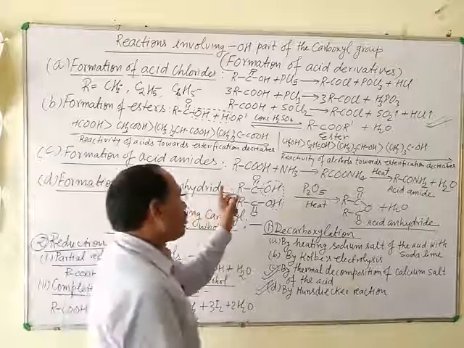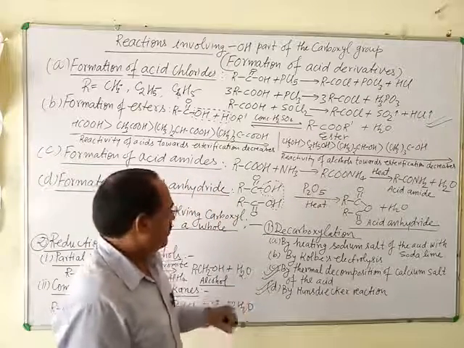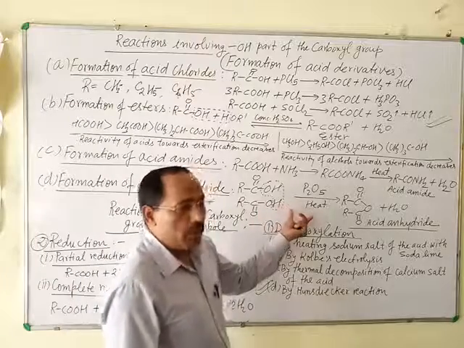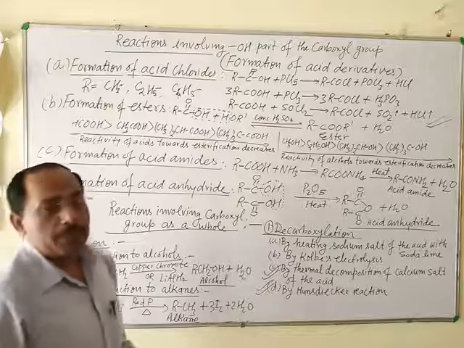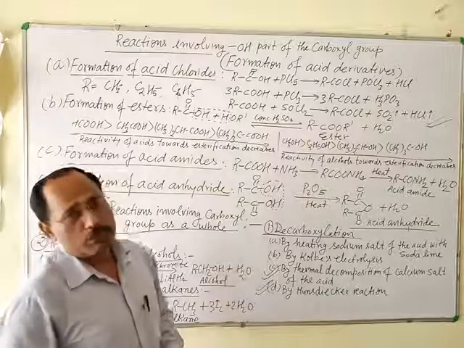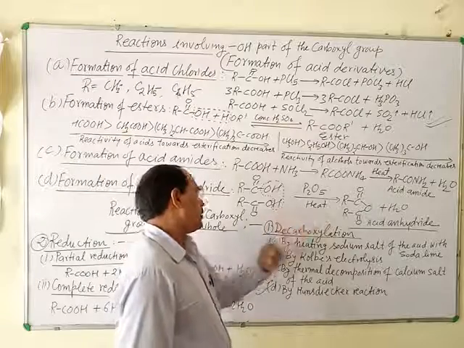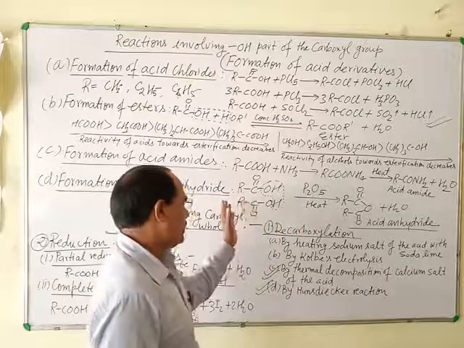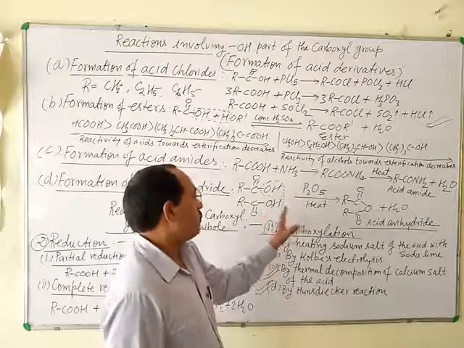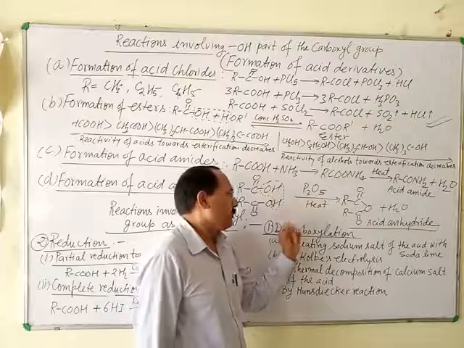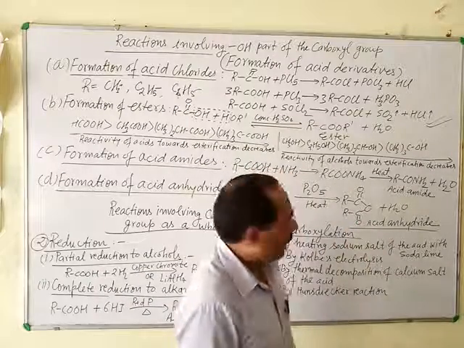When carboxylic acids, aliphatic or aromatic, are heated with a suitable dehydrating agent like phosphorus pentoxide or concentrated sulfuric acid, loss of a water molecule takes place from the two molecules of carboxylic acid, giving the corresponding acid anhydride.